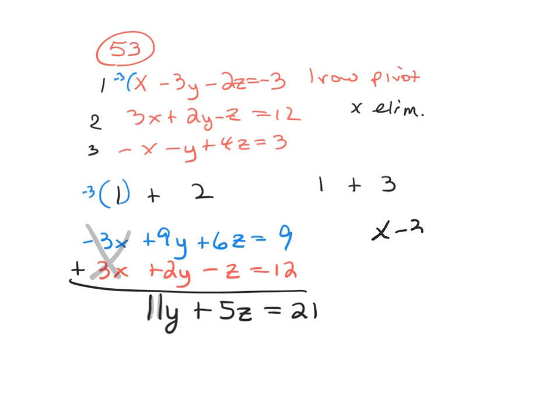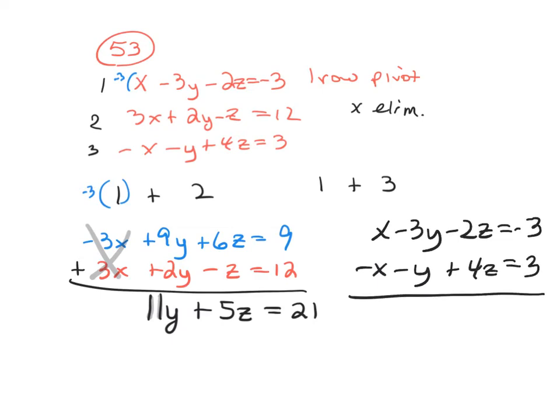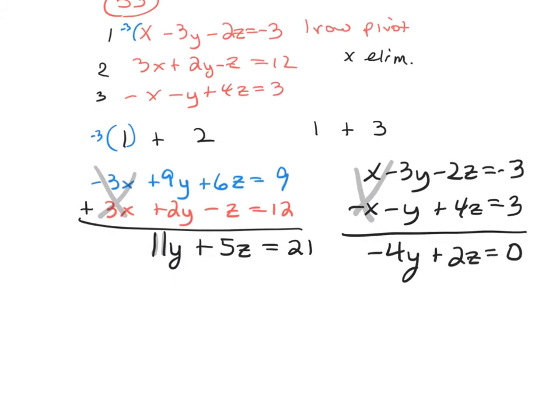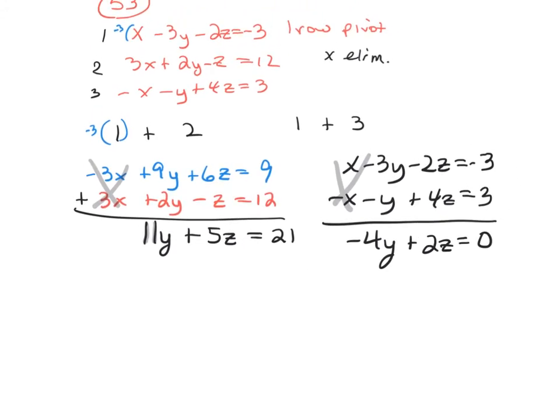So x minus 3y minus 2z equals -3. -x minus y plus 4z equals 3. The x's cancel. I'm now left with -4y plus 2z equals 0. I now have two equations with two unknowns.